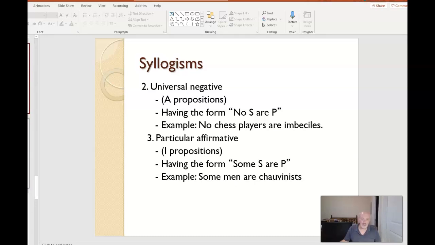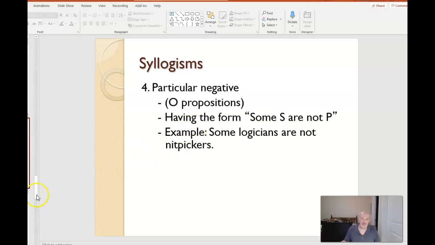So that's the major difference between categorical and symbolic logic. In symbolic logic, the symbols represent sentences with truth values, and in categorical logic, the variables represent nouns. Then there's some S are not P.